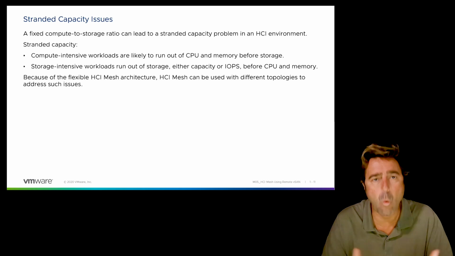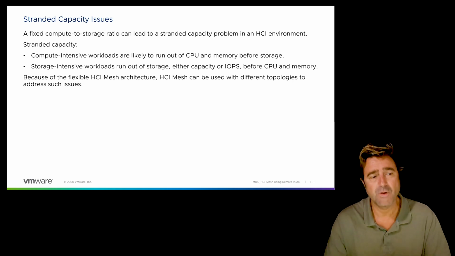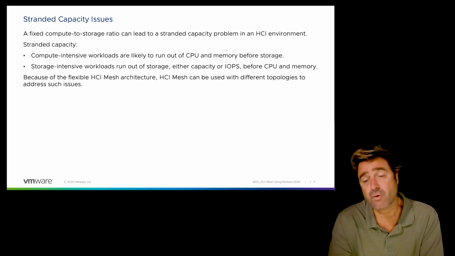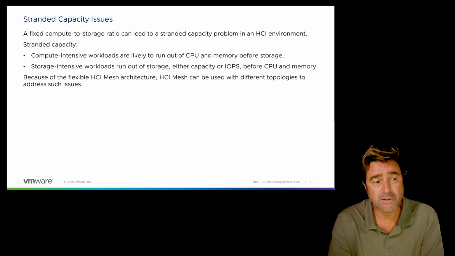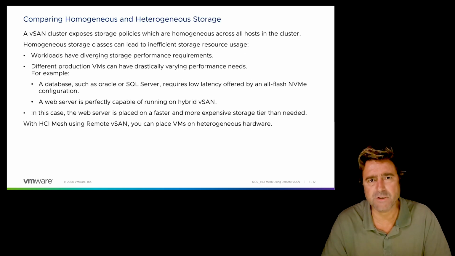Once again, we're not wasting resources like perhaps you were doing in the past. It says a fixed compute to storage ratio can lead to a stranded capacity problem. So in this case, you could repurpose that space that would otherwise go to waste.